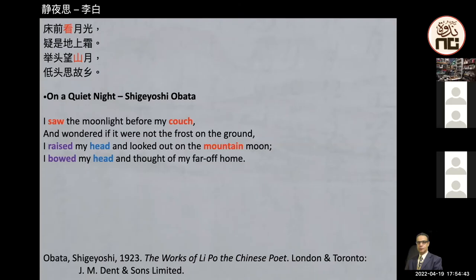So I would say this is formal equivalence, because he tried to stick to the Chinese poem as much as possible, at least in terms of meaning. He translated it almost very faithfully. He rendered a faithful translation.